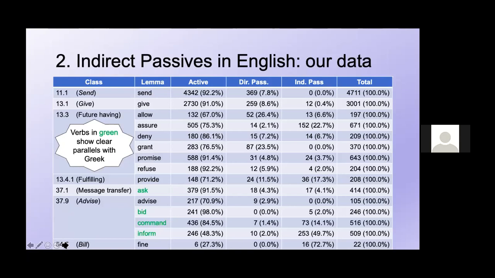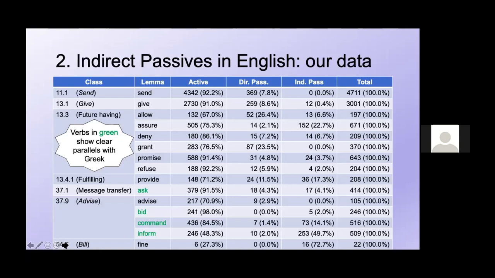So, for example, one verb forms nearly 50% of its examples of any sort as indirect passives, but similar words such as command form a much lower proportion of their recorded tokens as indirect passives.